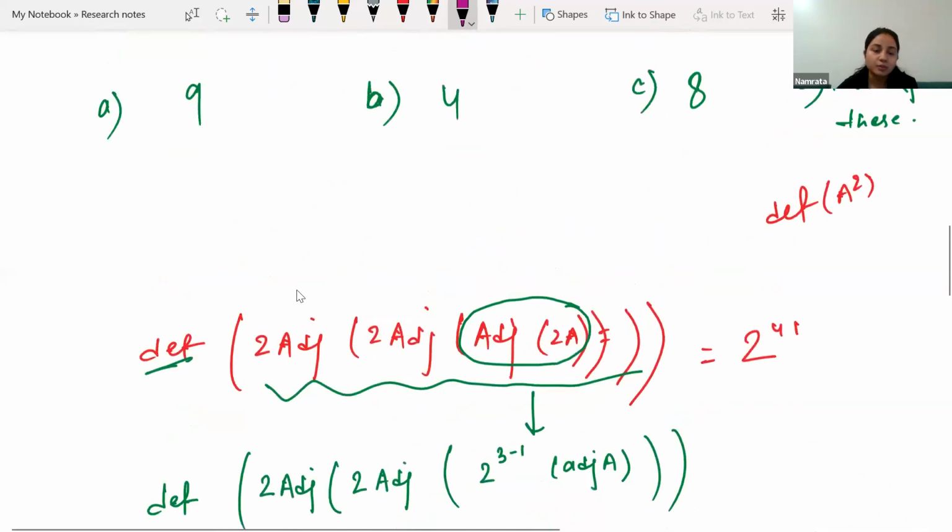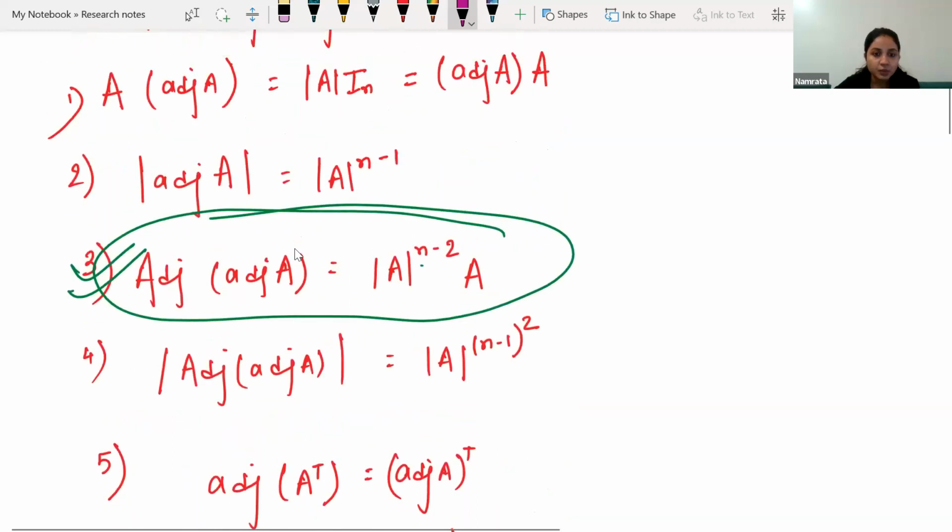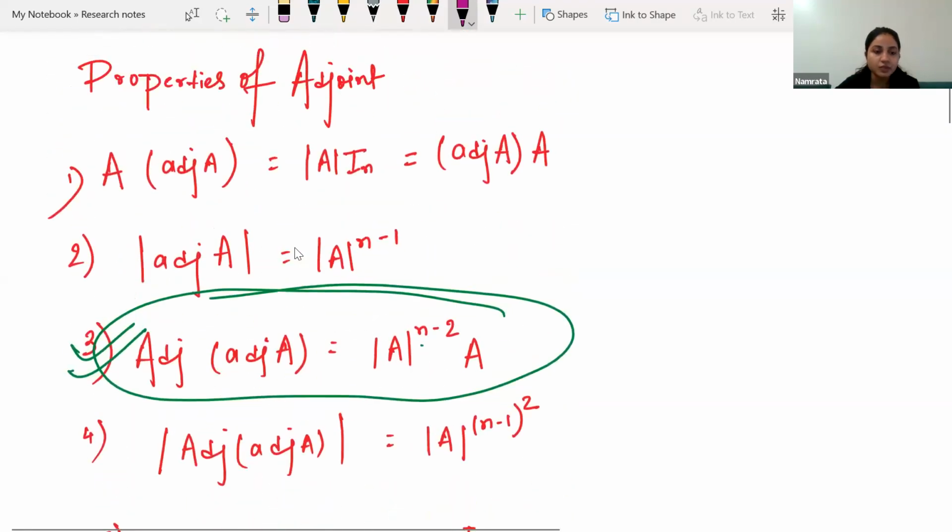So let's see any formula which will give us determinant only.